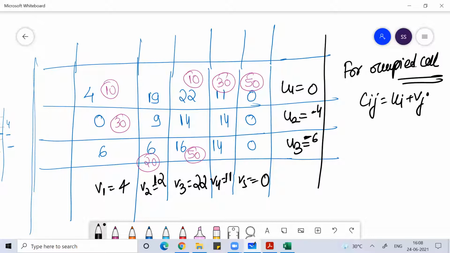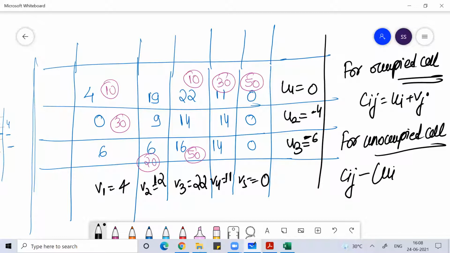Clear, right? For occupied cells, use this formula, and with that you will find U1, U2, U3, V1, V2, V3, V4, V5. Then for unoccupied cells, use the formula Cij minus Ui plus Vj.